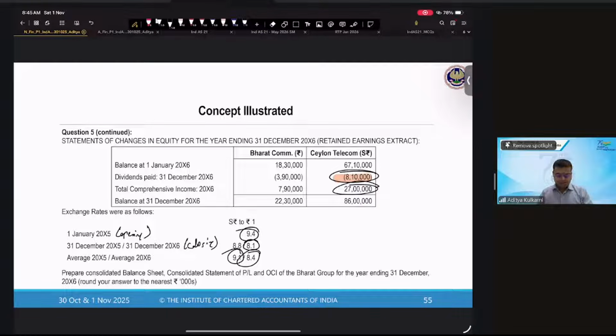Foreign subsidiary, foreign operations, goodwill.